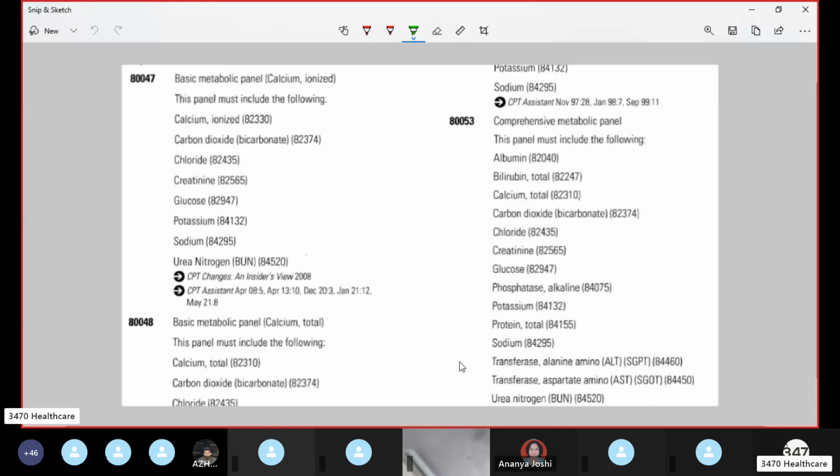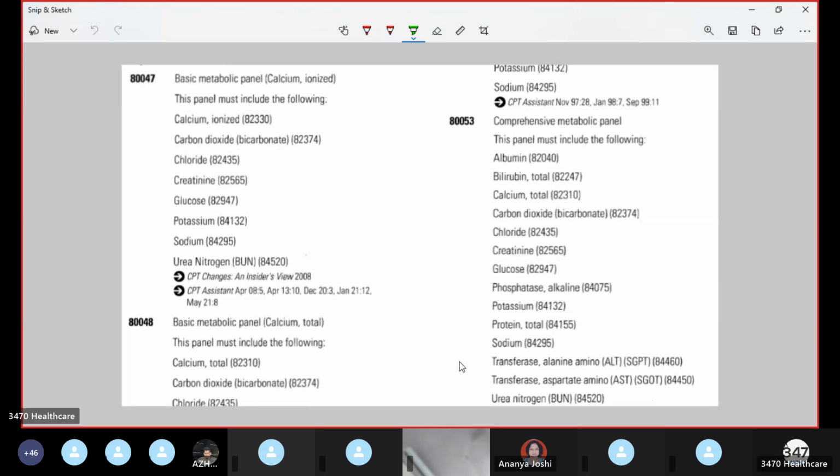Then for the smaller panel, check whether every test listed below it is coming in the higher panel. If everything is in the higher panel itself, there is no need to code the smaller panel separately.